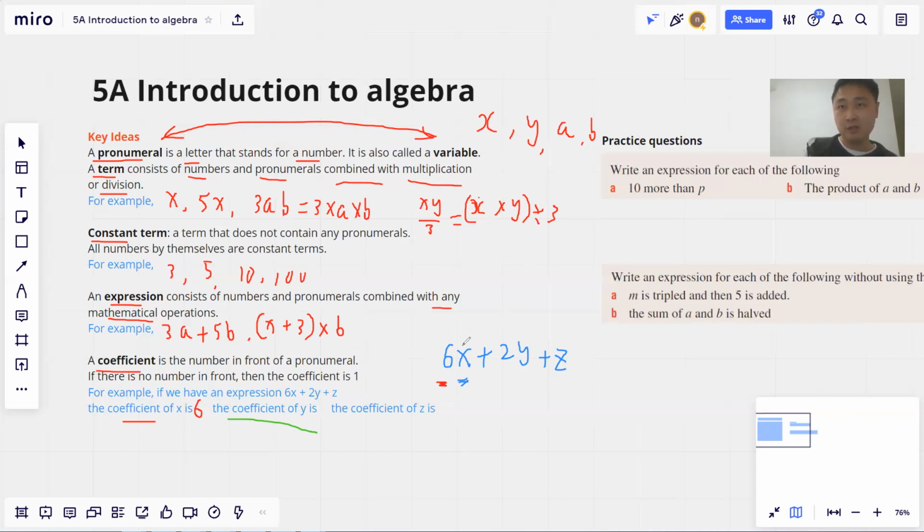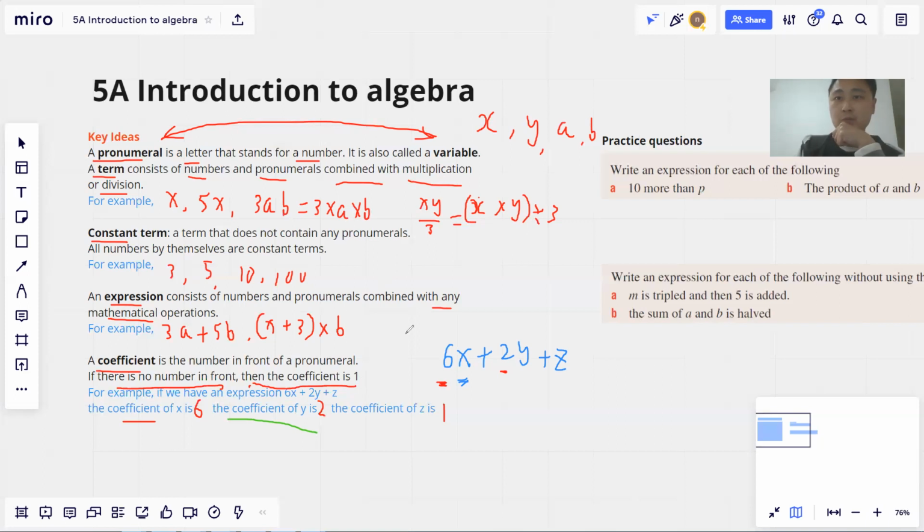If we want to find the coefficient of y, we look at the number before y, that's 2. So the coefficient of y is 2. And for the coefficient of z, because there's no number before z, the coefficient is 1. So if there is no number in front, the coefficient is 1.